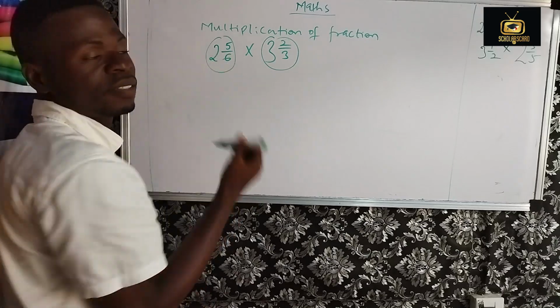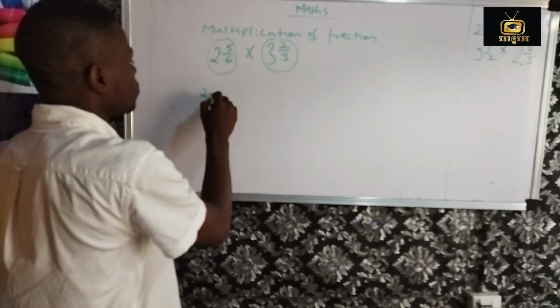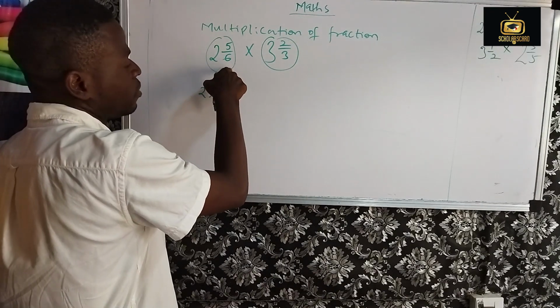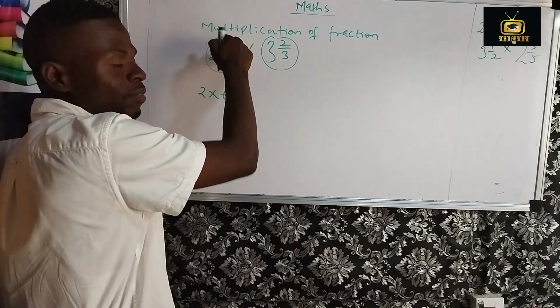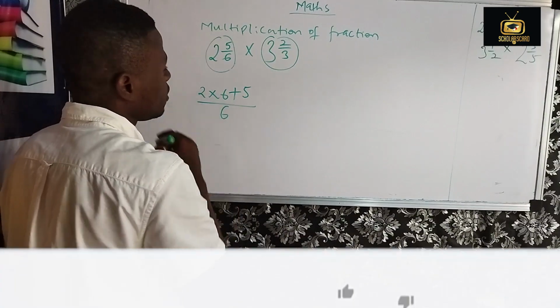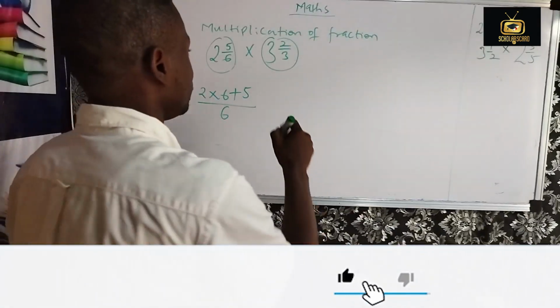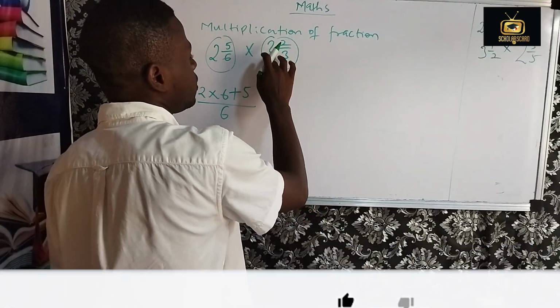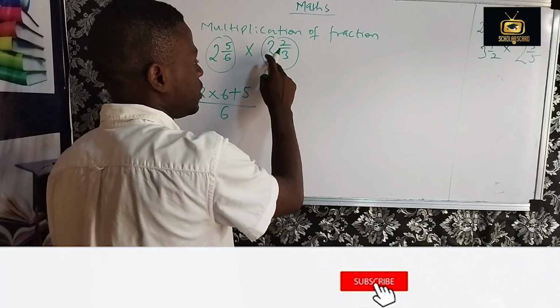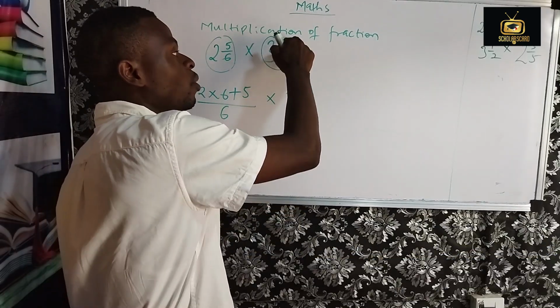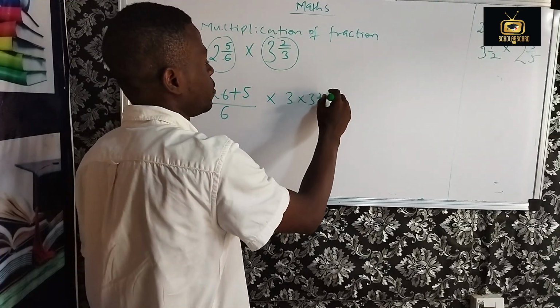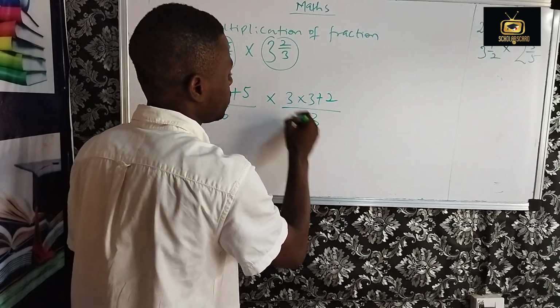2 times 6, we have 2 times the denominator plus the numerator, which is 5/6. Then 3 times 3, 3 times the denominator, which is 3, plus 2/3.